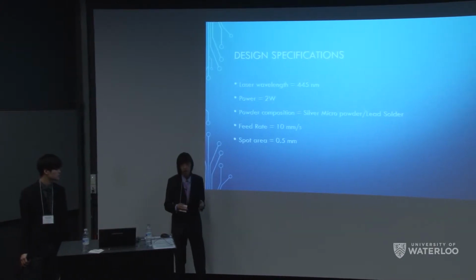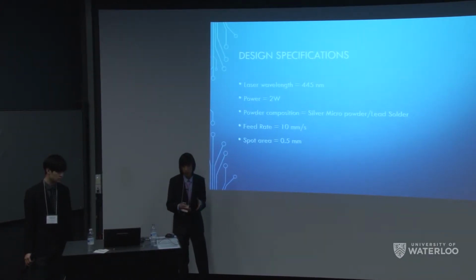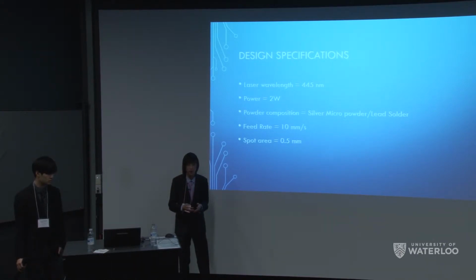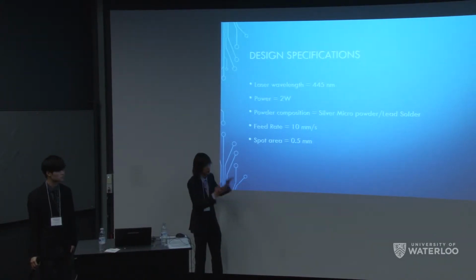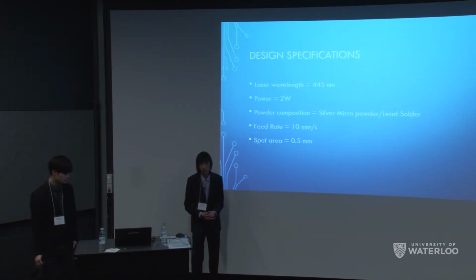The powder itself was a mix of silver micropowder and a bit of lead solder to help lubricate the layers. Finally, we determined a feed rate of 10 millimeters per second and a spot size of 0.5 millimeters. These are all mainly theoretical calculations that we did.